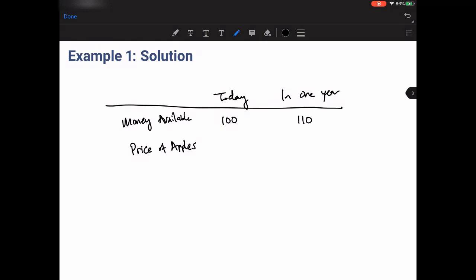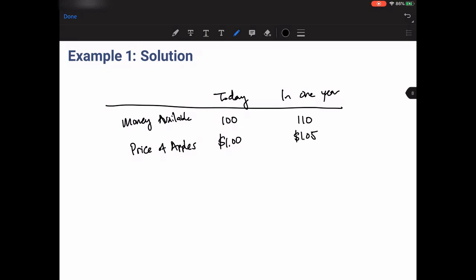The price of apples, on the other hand, also has some sort of returns in dollar form. So if you hold on to apples, it's going to cost you $1 today, right? But if you don't sell it, and suppose it doesn't depreciate in value, in 1 year it's going to be worth $1.05.